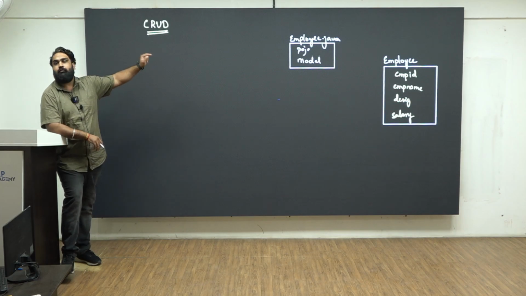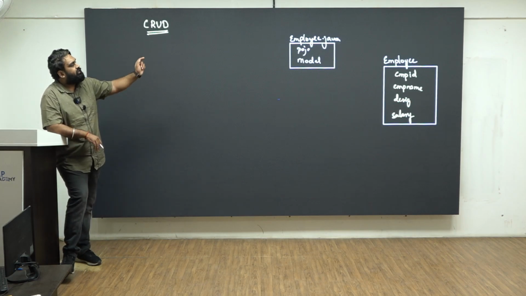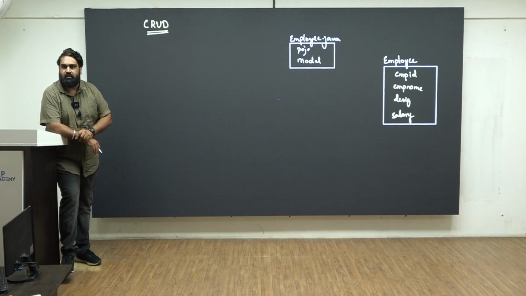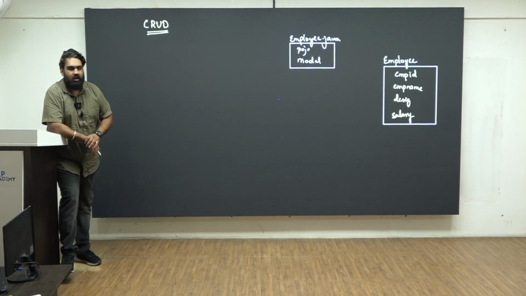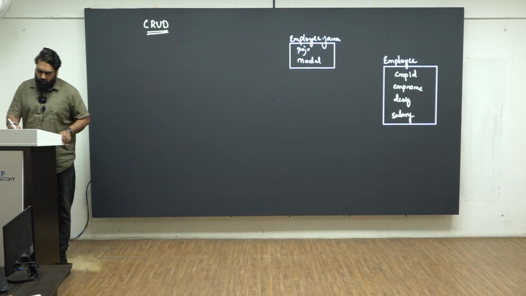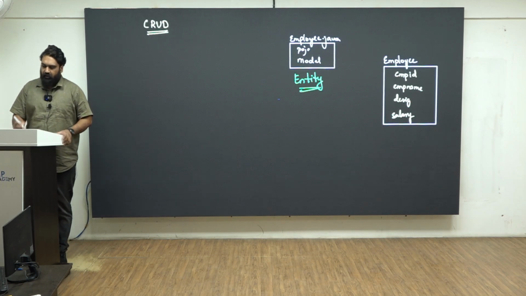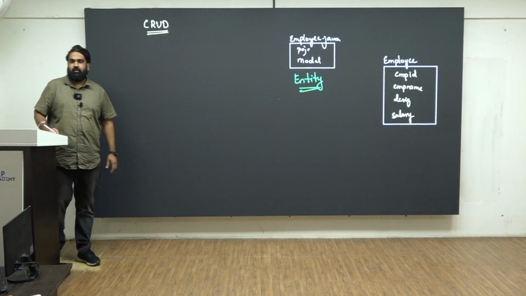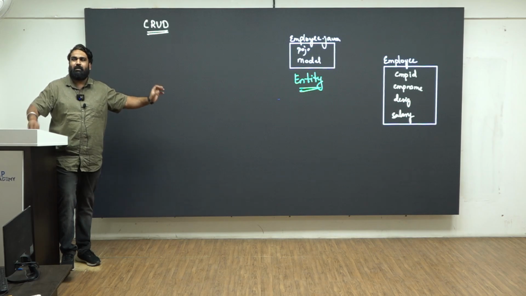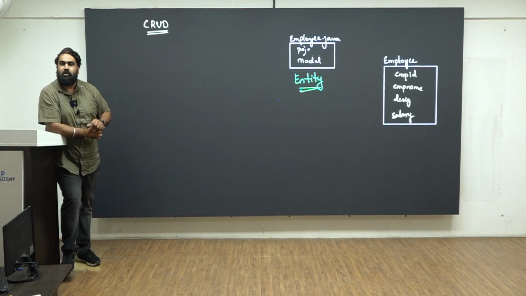Since additional information is there inside this class called employee.java, I will call this employee.java class an entity class. Similar code only will be there, but some additional information also will be there.